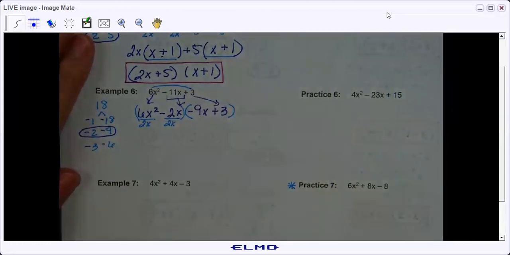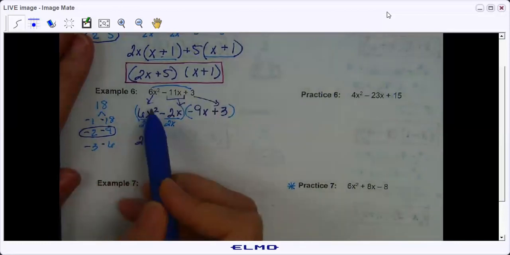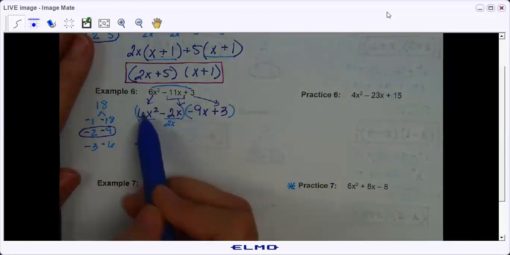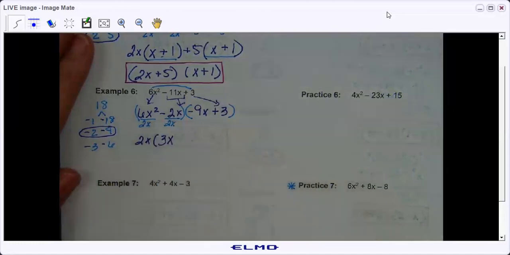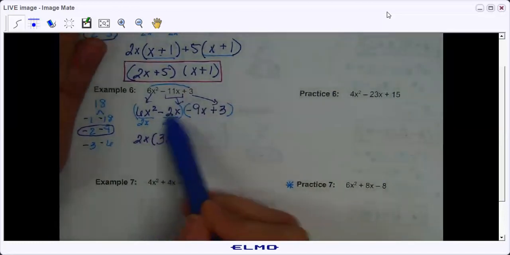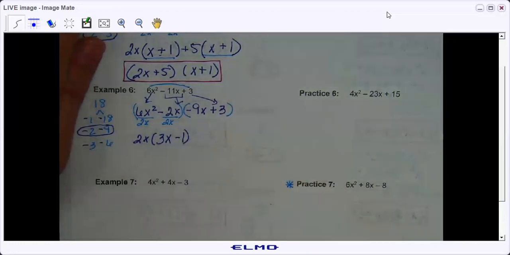Okay, so let's take that 2x out and put it here, and then go ahead and do your dividing. 6x squared divided by 2x, 6 divided by 2 is 3, x squared divided by x is x. And then you have a negative 2x divided by 2x, which gives you a negative 1.